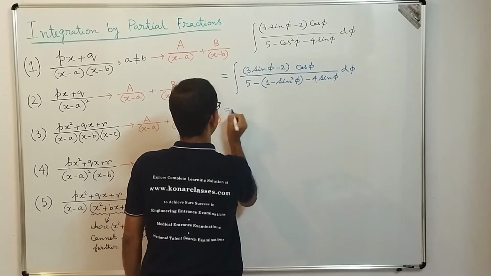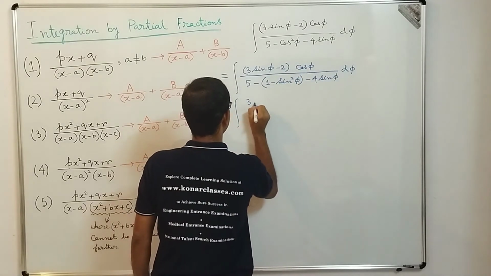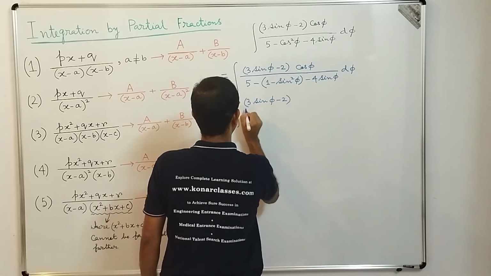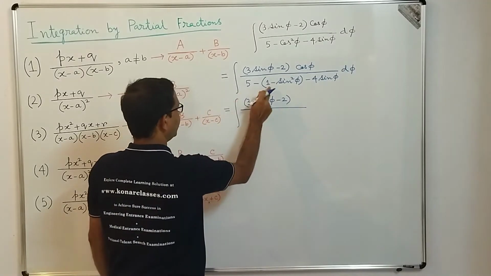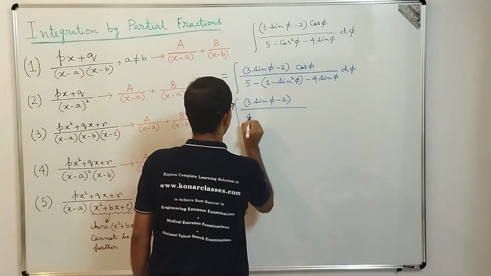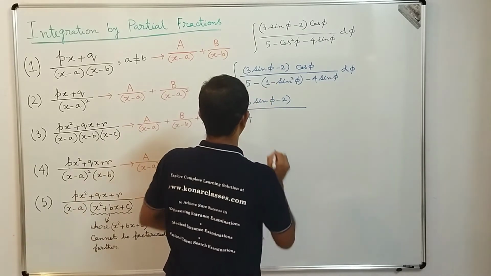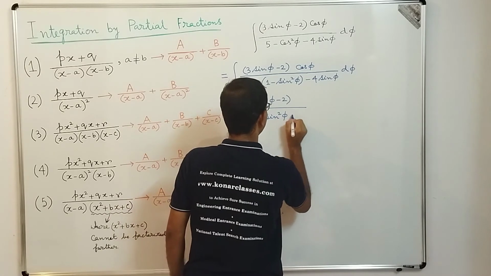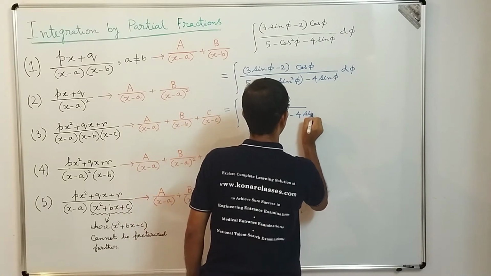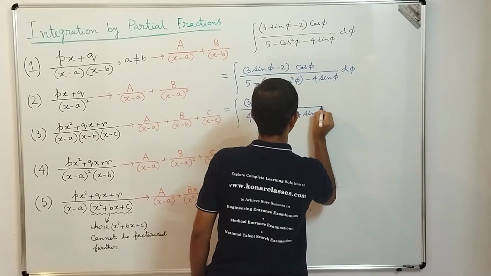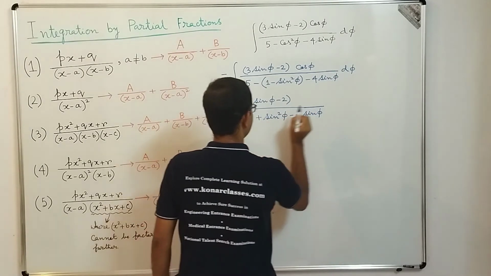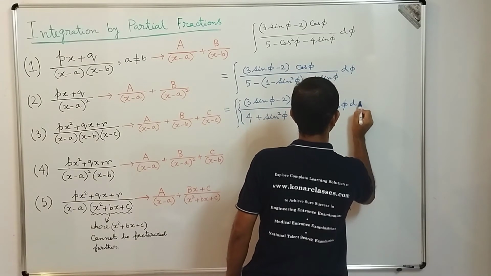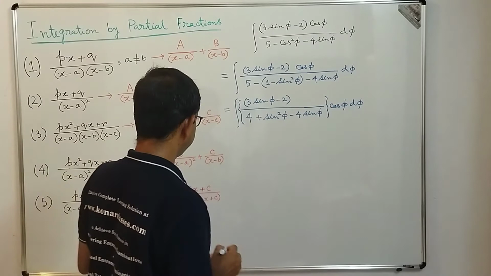So then what we get here, dear students? We get 3 sin phi minus 2 divided by 5 minus 1, that is 4, minus and minus become plus, so 4 plus sin square phi minus 4 sin phi, the entire thing, into cos phi d phi. Correct?